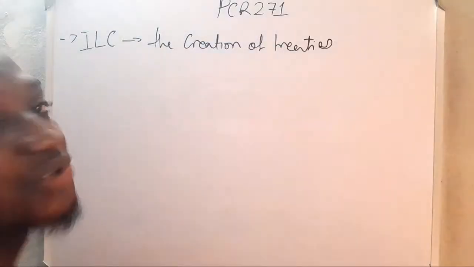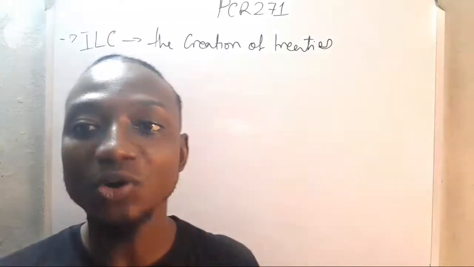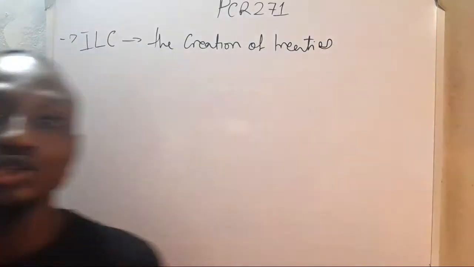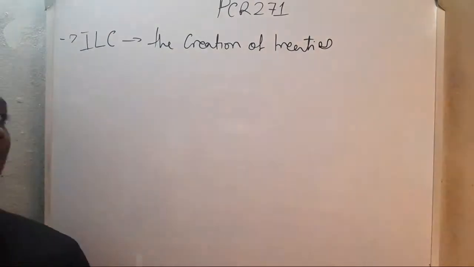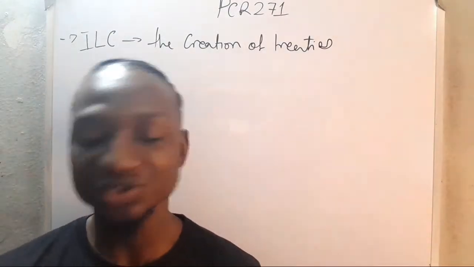Now, when we say treaties, what are we talking about? Treaties are like an arrangement of peace between nations, different nations or states coming together to have a peaceful arrangement and establish a peaceful relationship. Anything that has to do with peaceful interaction and relationship is more of a treaty.